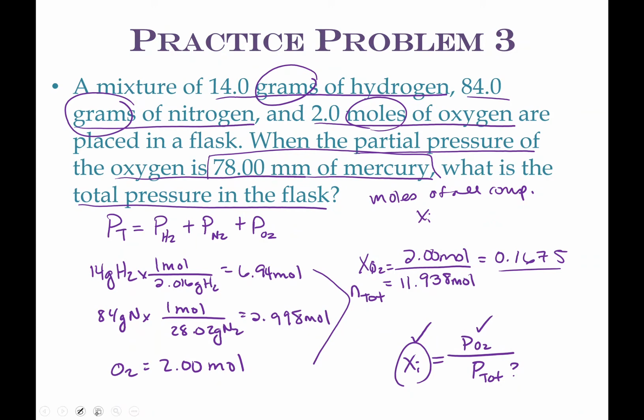So that gets put in place of the Xi, or the XO2 in this case, 0.1675. It's unitless. On the top here, the partial pressure of oxygen was given as 78.00 millimeters of mercury, and we're going to solve for P total. So P total, I'm going to erase this part here.